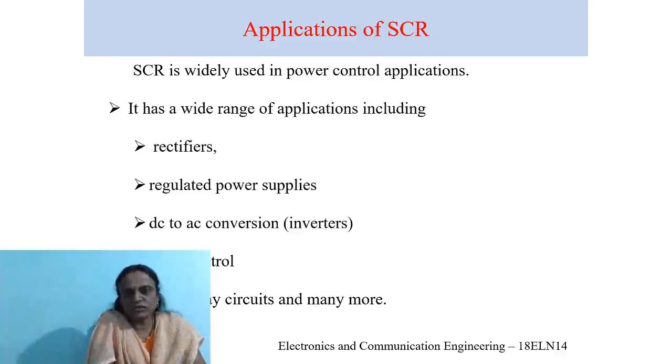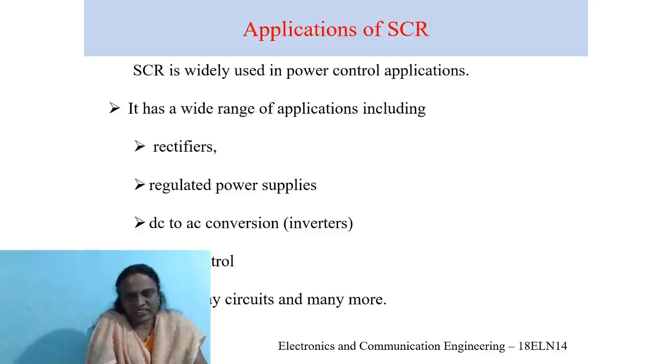Then we saw the VI characteristics, and the same explanation holds good for the VI characteristics of an SCR also. VI in the sense voltage and current: voltage on the x-axis, current on the y-axis.